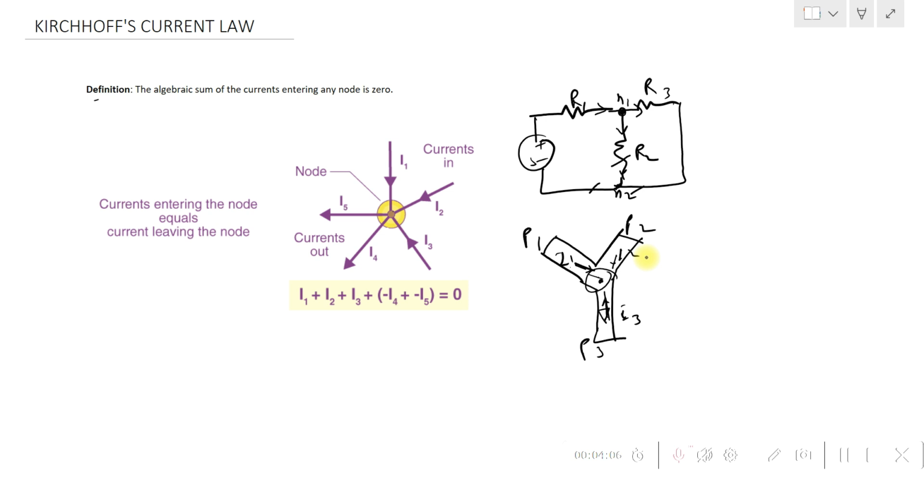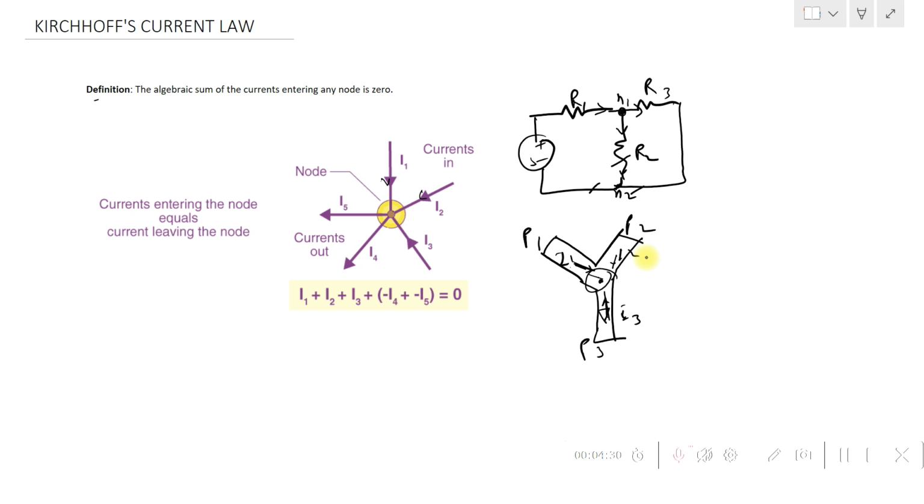And thereby what we say is the current entering the node must be equal to the current exiting the node. If all the three sides cannot have positive currents, then at least one or two of the currents must be negative.